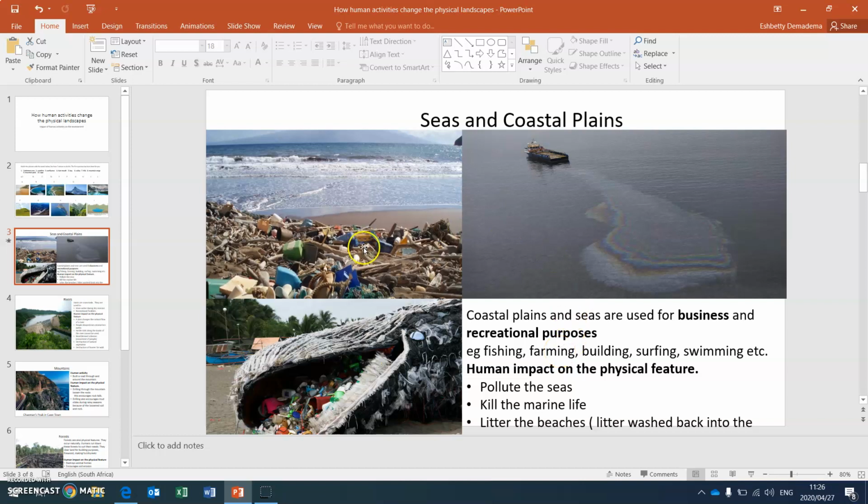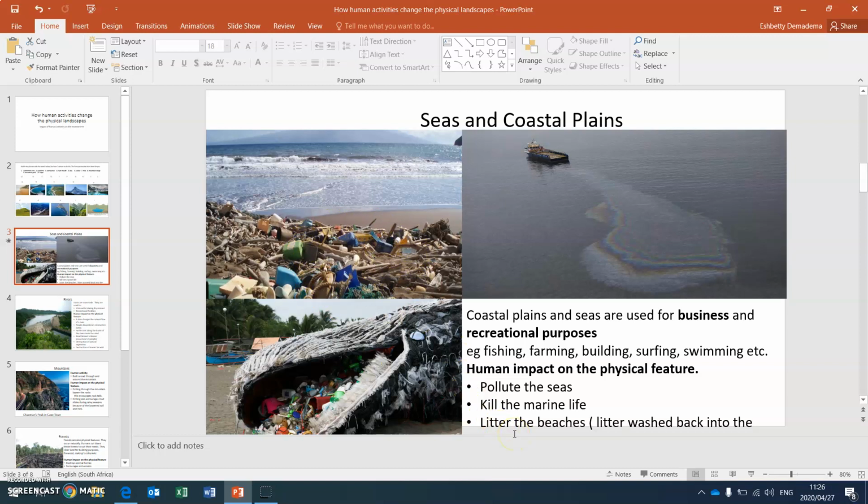All right, then if we move on to this picture here, you can see that there's a lot of litter here. Most of us work in very stressful environments, and when holiday comes, we want to go out to the beach and just relax. And as we are relaxing, we litter the area, okay?